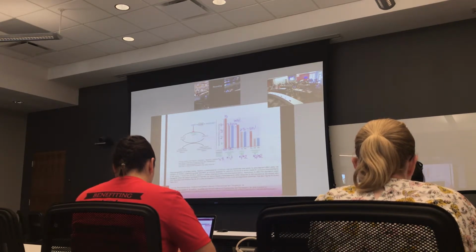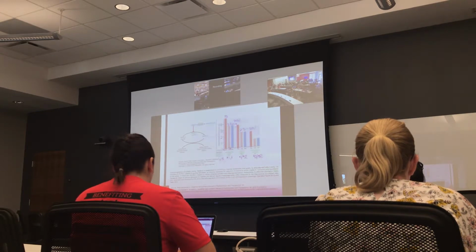Now we have a scenario where we're going to look at mutation or reduced function in both CYP2C9 and VKORC1.